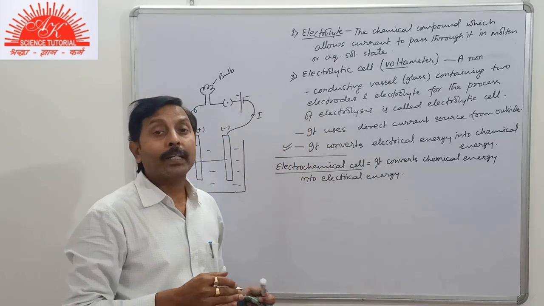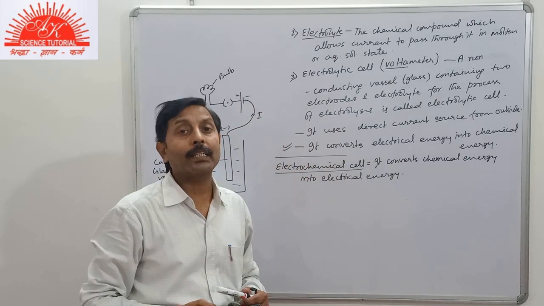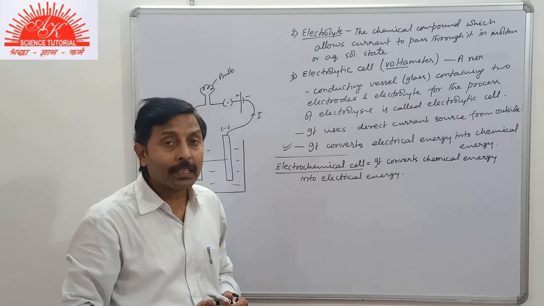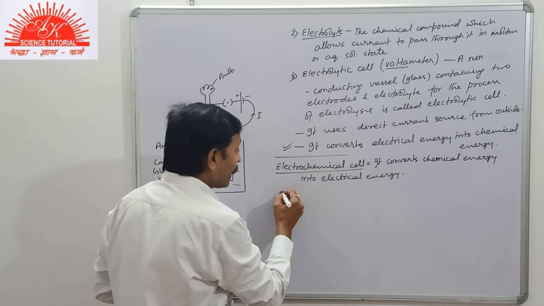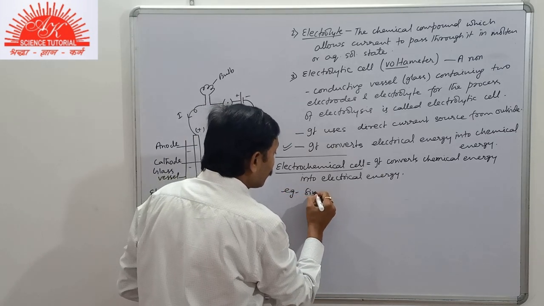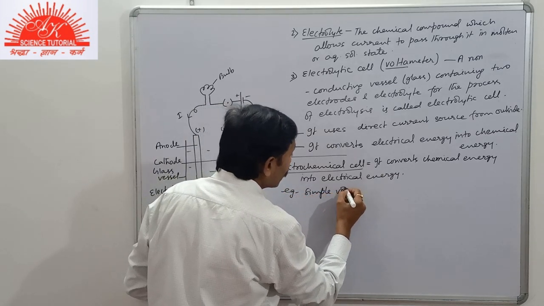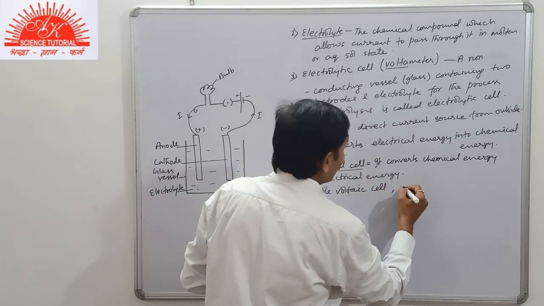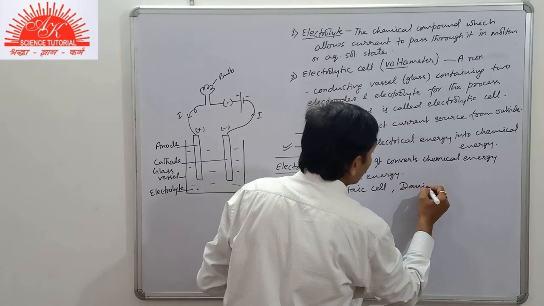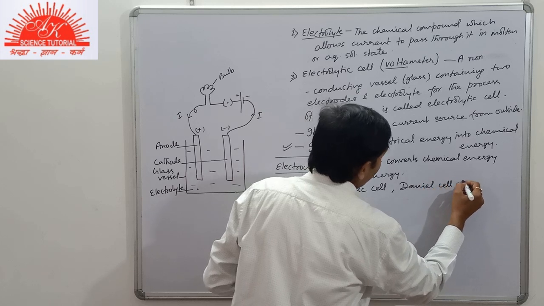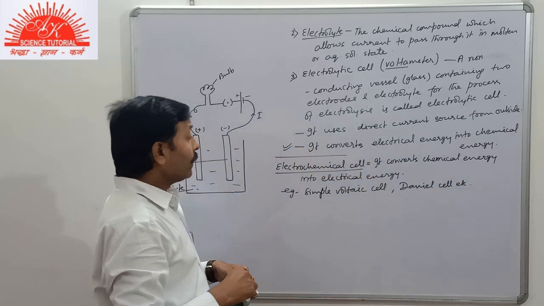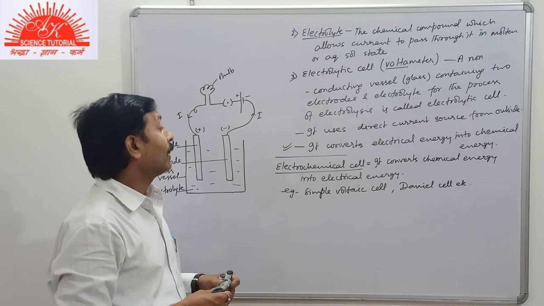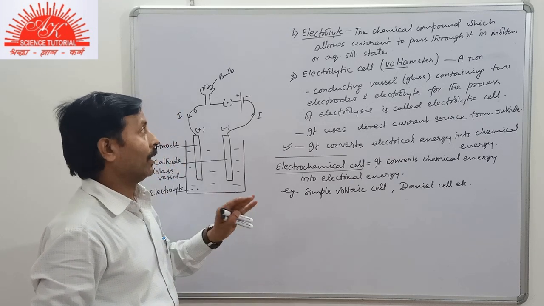That is, when chemical change takes place inside it, in the electrolyte of it, then it acts as a source of electric current. Now example, simple voltaic cell, Daniell cell, etc. So these are the source of electric current, direct current. These are the electrochemical cells.